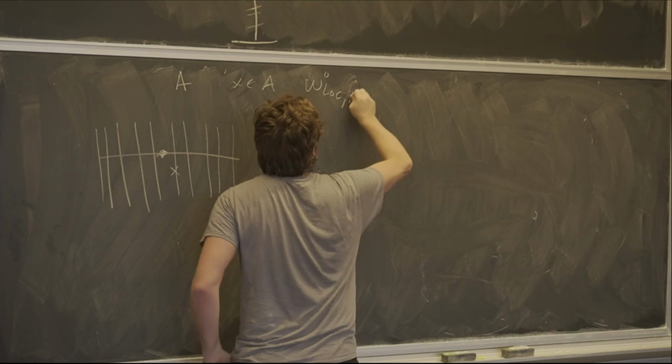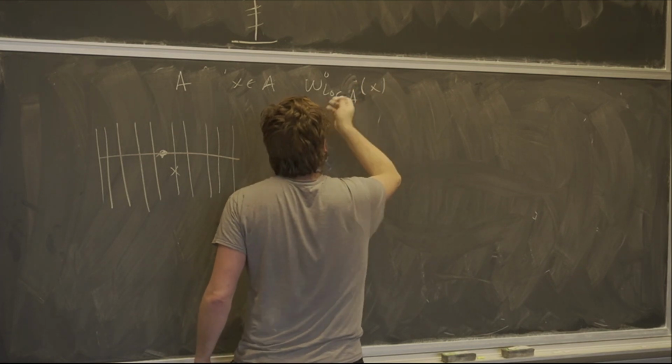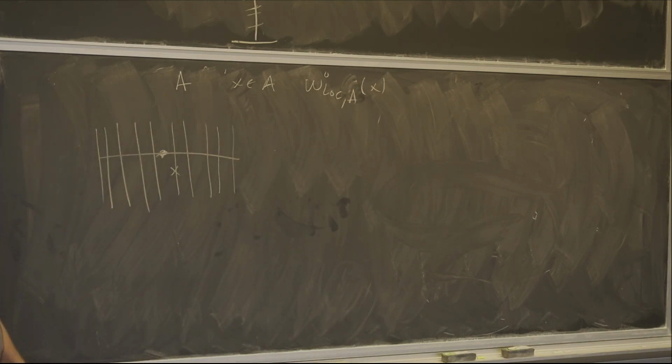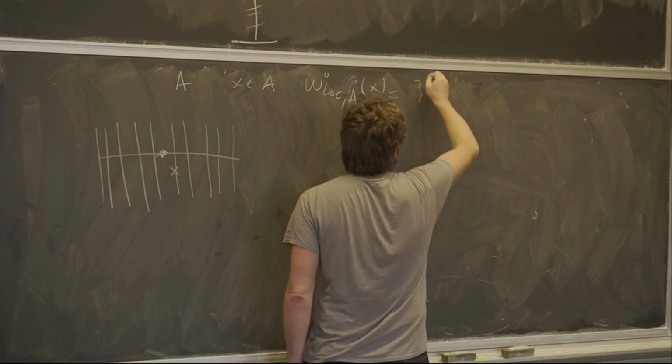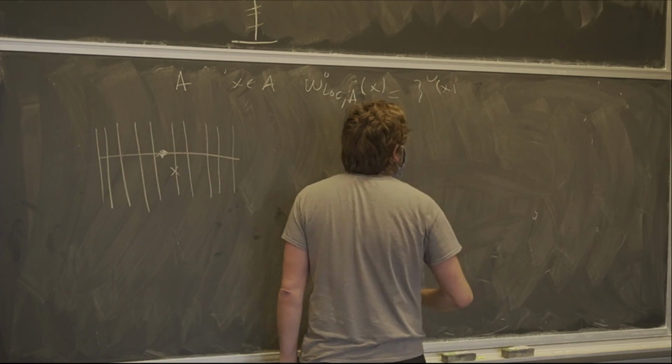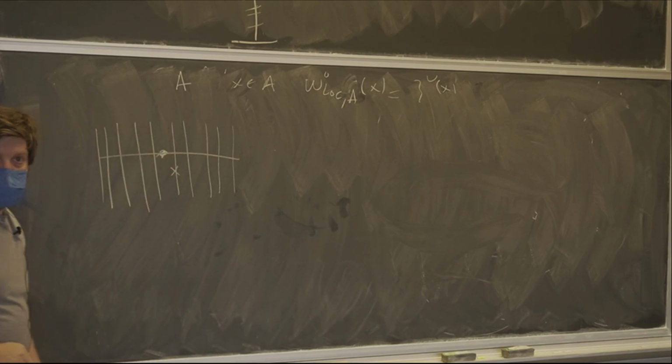Maybe to make it more explicit, it's just this piece that is inside A. And that is supposed to be your psi u. Okay, so this will fail, but you will fix it.